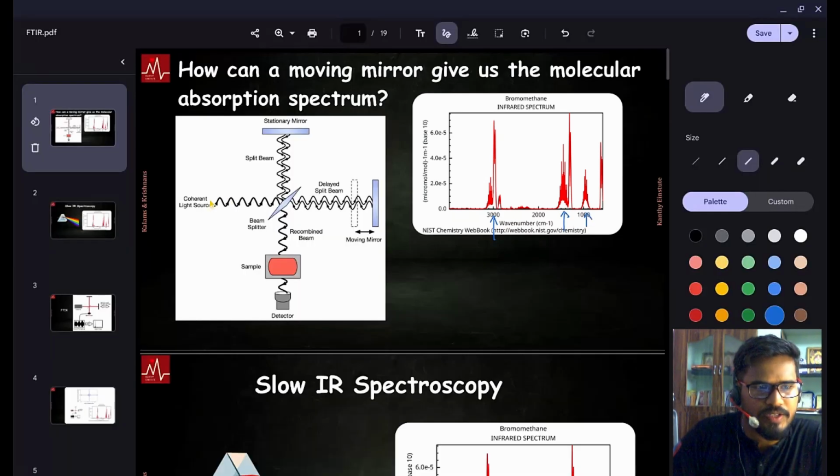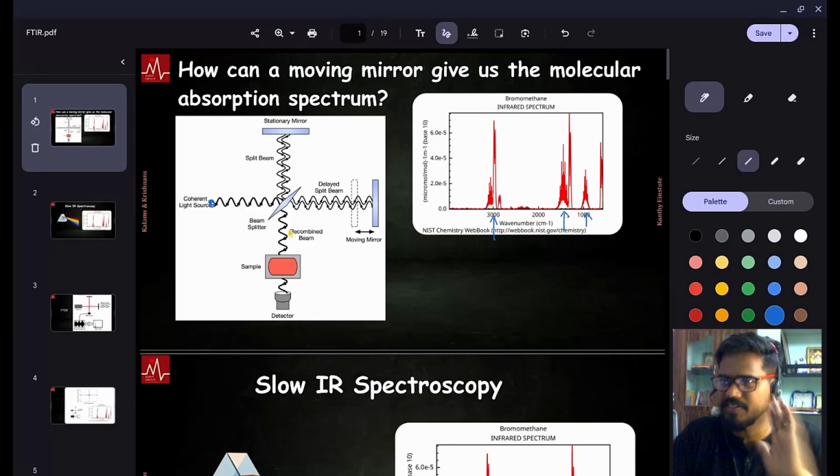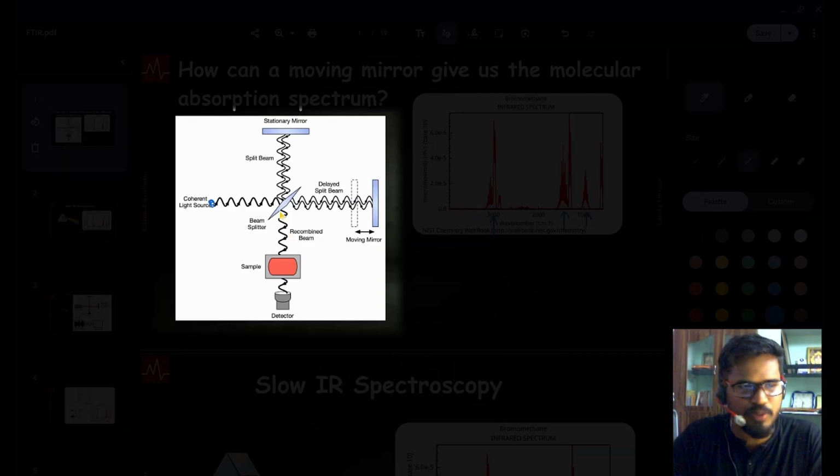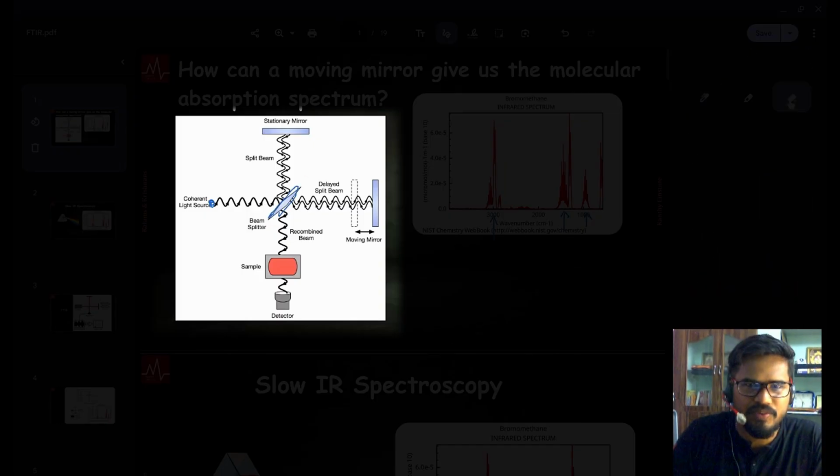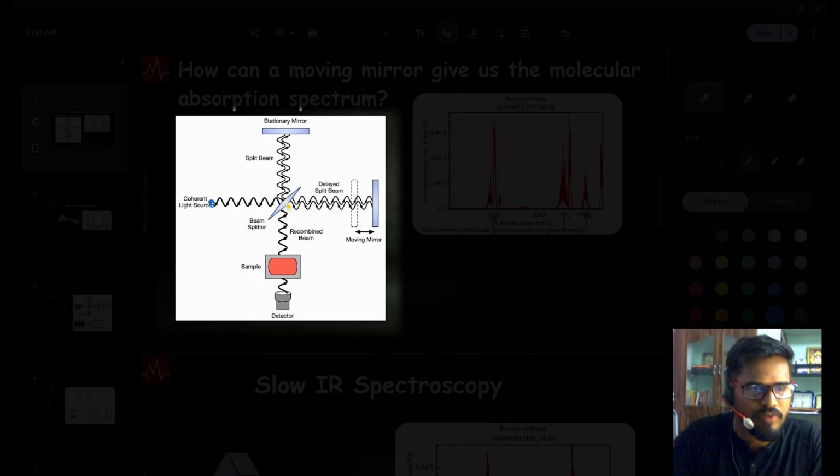So we have a light source that is typically sent through a sample where absorption happens, and that light is sent through a beam splitter. Roughly, a part of it gets reflected from a mirror and reaches the detector. Another part goes through and is reflected from another mirror.